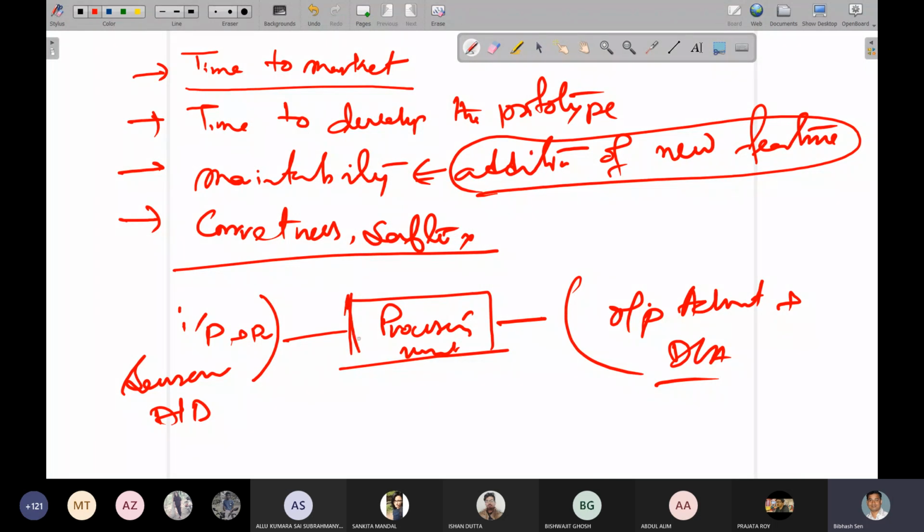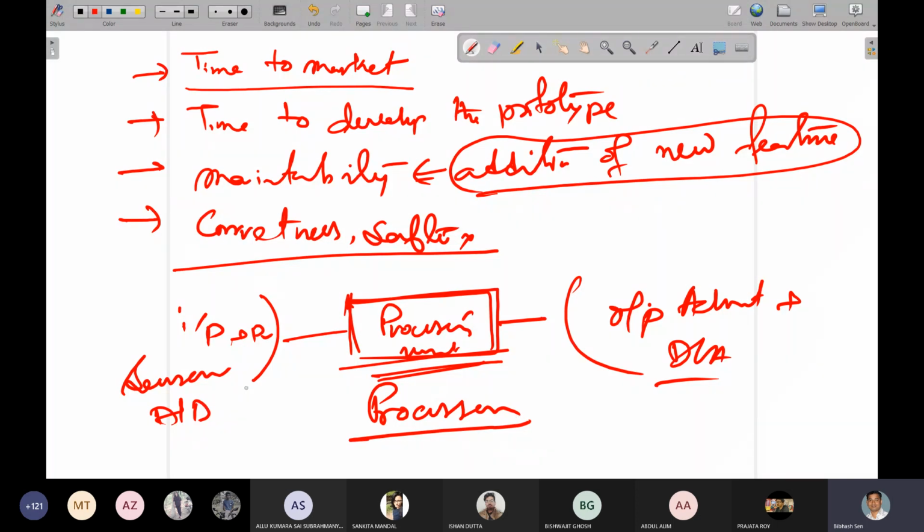So today we are focusing on the processing unit, the processor. It may be controller based, it may be general purpose, whatever. An embedded system can always be made with a microcontroller, and for commercial viability it is most suitable, but using a general purpose processor also we can do it.